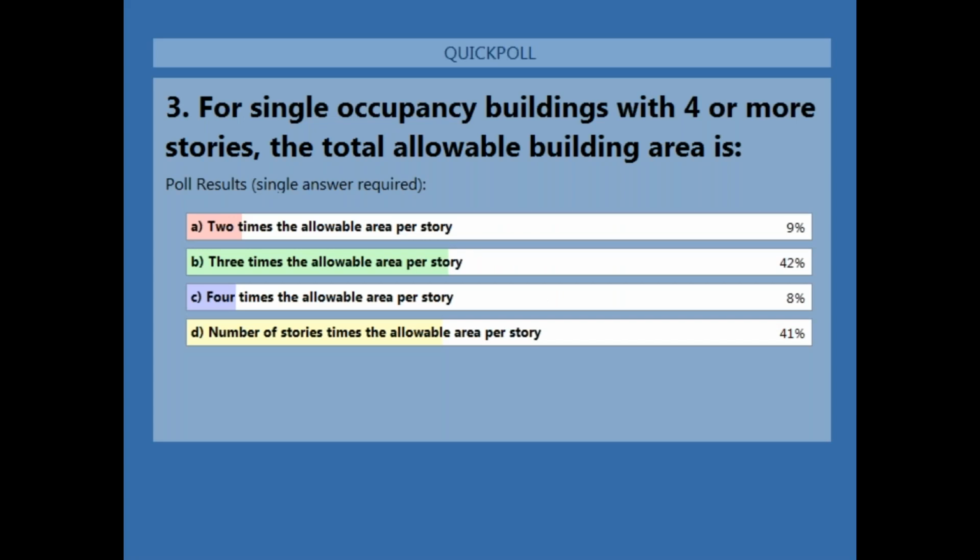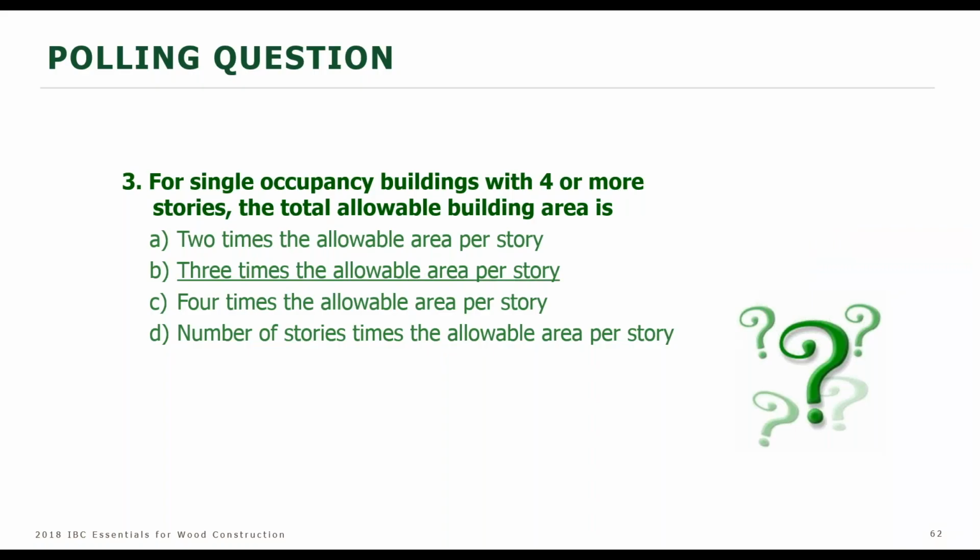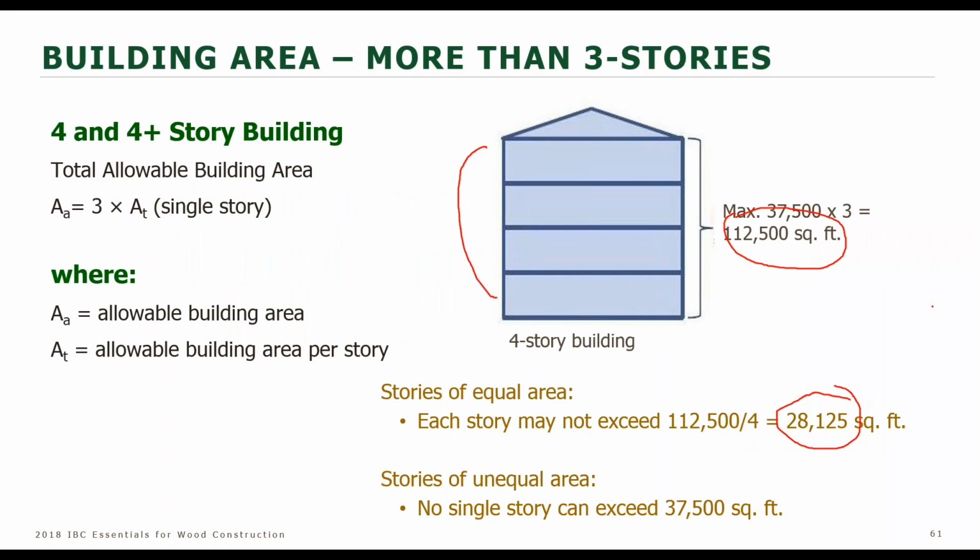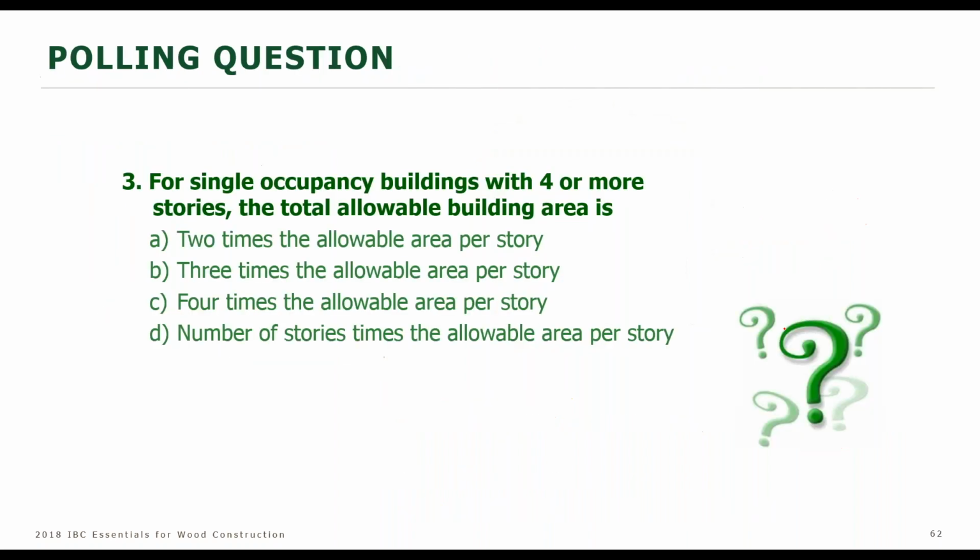And the real answer is, Paul? 3 times, B. Now, I went over that very quickly, and many of you got it right. But just remember, when you get 3 times for the maximum building area, you have to split that over the 4 stories in this case. So good, the question helped us to know what some might be missing.